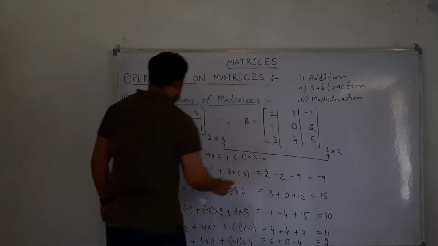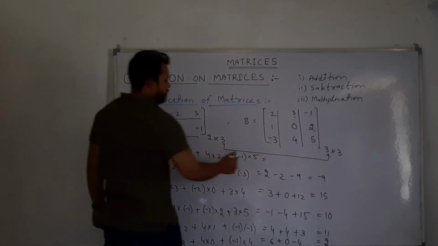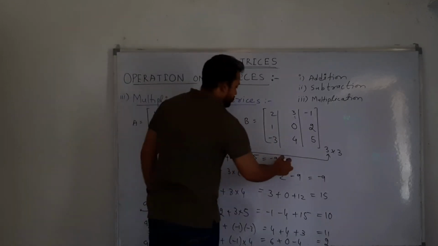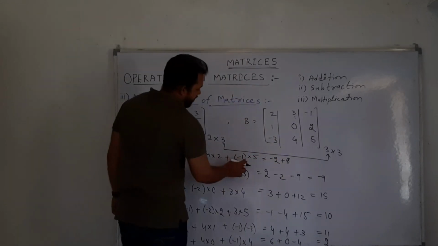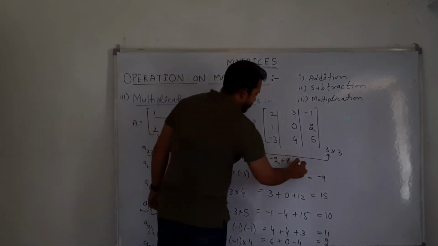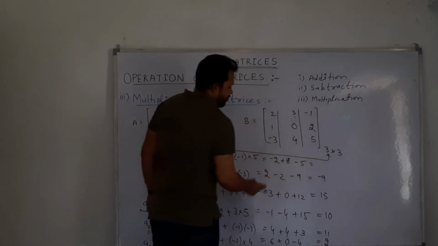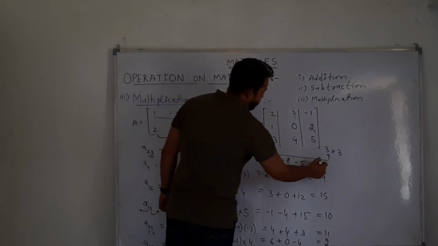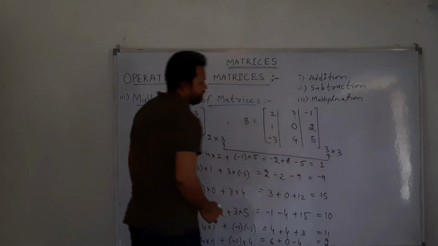We can calculate it. 2 into minus 1 is equal to minus 2. 4 into 2 is equal to 8. Minus 1 into 5 is minus 5. Minus 2 plus 8 is 6, and 6 minus 5 is 1.